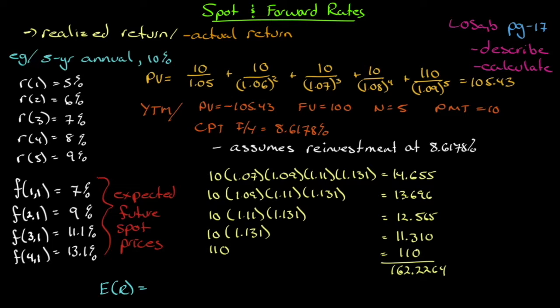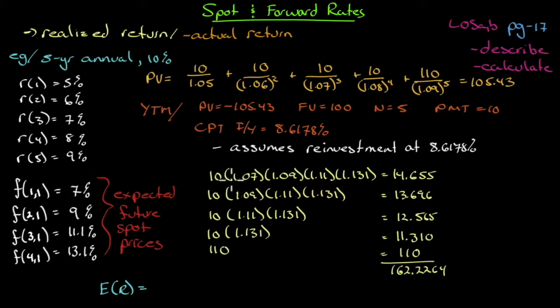So let's just have a look and see what we would get. Notice if we use our yield to maturity, we're saying we need to reinvest our coupons at 8.6178%. But the forward curve is saying, hey, look, given this spot curve, the 1-year forward rate is 7%, not 8.6178%. It's only 7%.